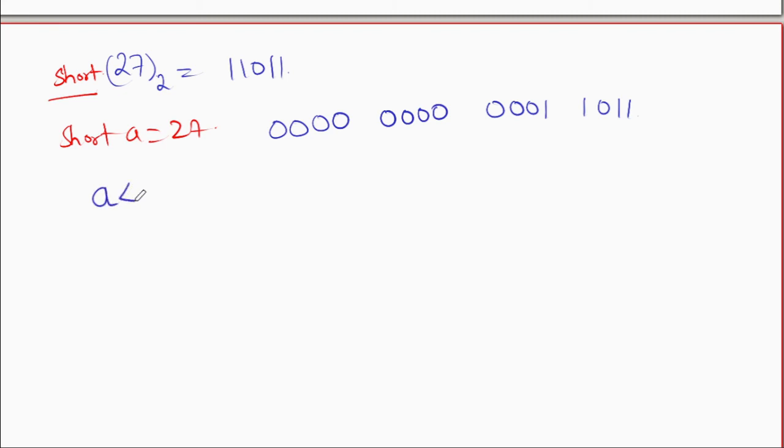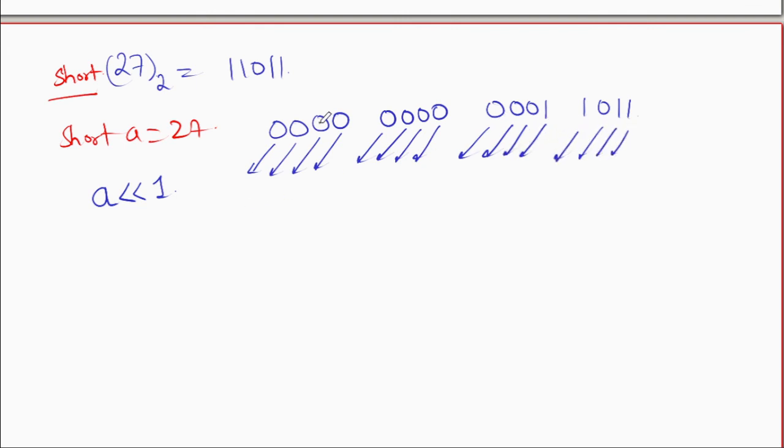Now left shift by 1. You just left shift by 1, and all these values get left shifted by 1. Whenever a shift takes place, the power becomes 2 to the n plus 1, so there is a multiplication by 2.